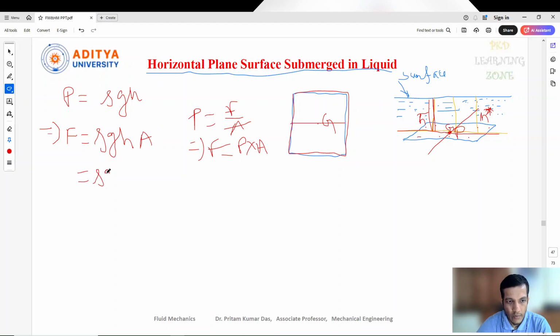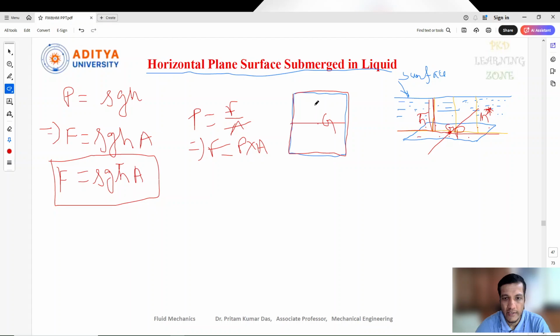So that is nothing but rho g H bar A, and this is the pressure force, or the total pressure, which is acting on this point. This is the formula.